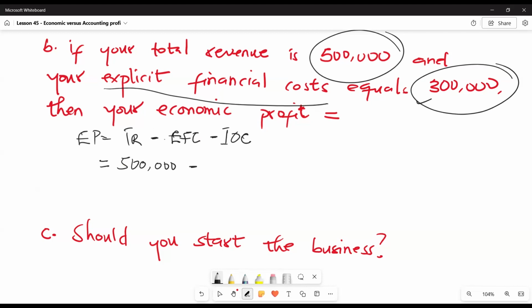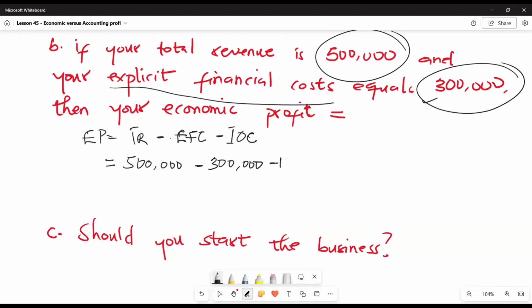Our explicit financial cost is 300,000. Now, if we were looking at accounting profit, this would have been enough. That was 200,000 in the example above. But if we add our implicit opportunity cost, then this is going to be minus 155,000.